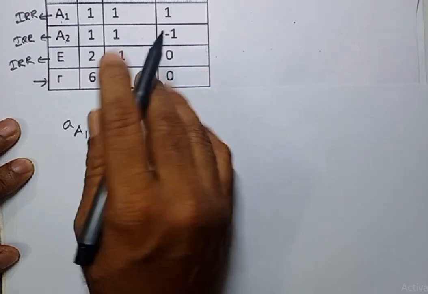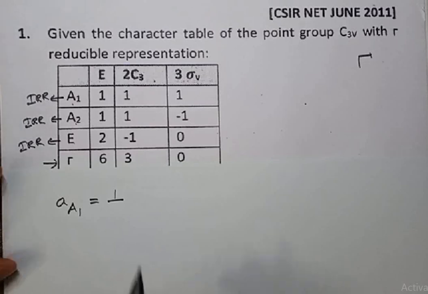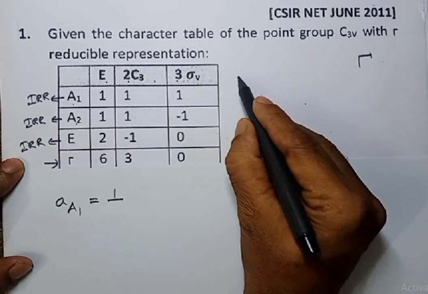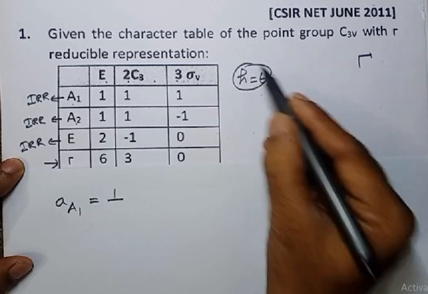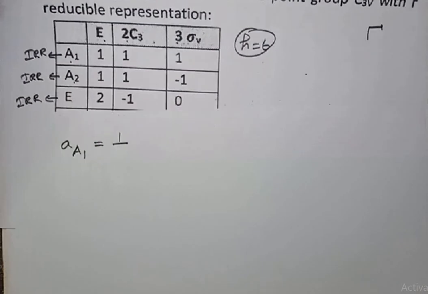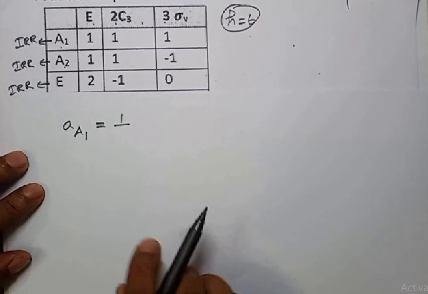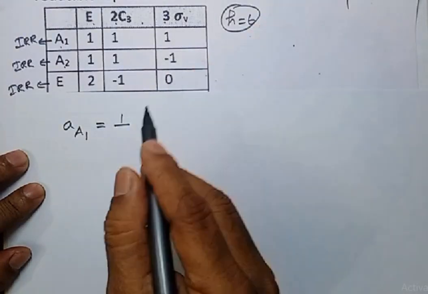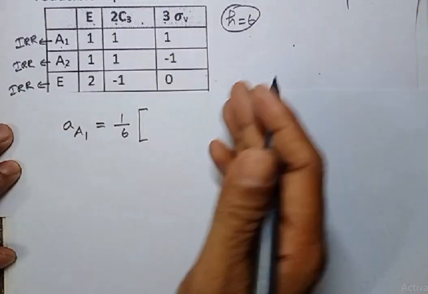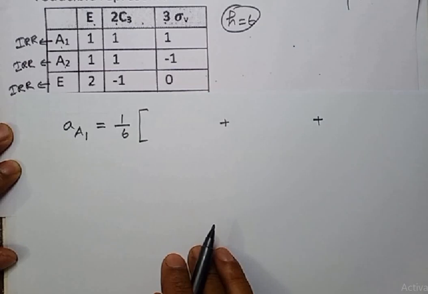You know very well, for this point group, how many operations are there? 3 plus 2, 5, 5 plus 1, 6. So the order of this point group is 6. Take note. So in the formula, a_A1 is 1 by 6 into the sum.